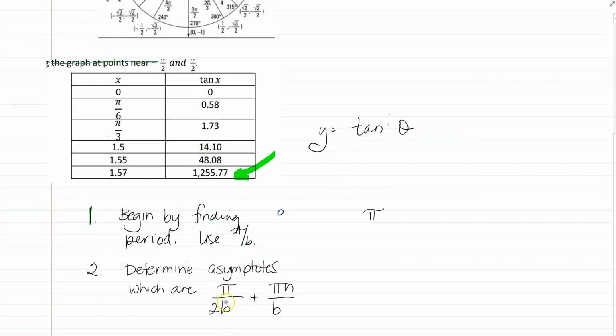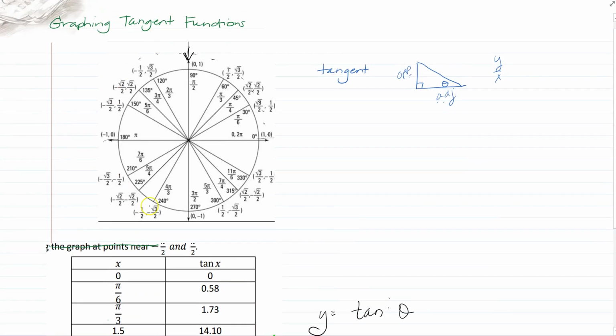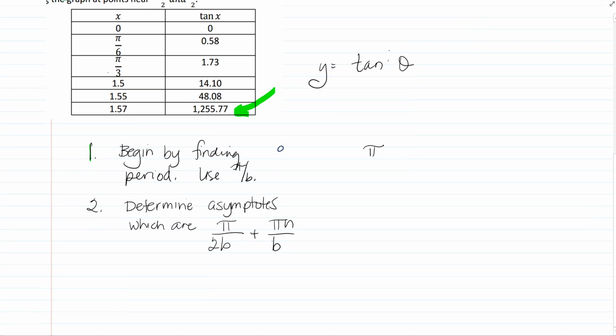So in other words, n being 0, 1, 2, 3, 4. For every period after that, it's here, and then here, and then here, and here. So that's where I'm getting this formula, if you will. Since the b was 1, in this case, it's pi over 2 times that 1, plus pi over n.